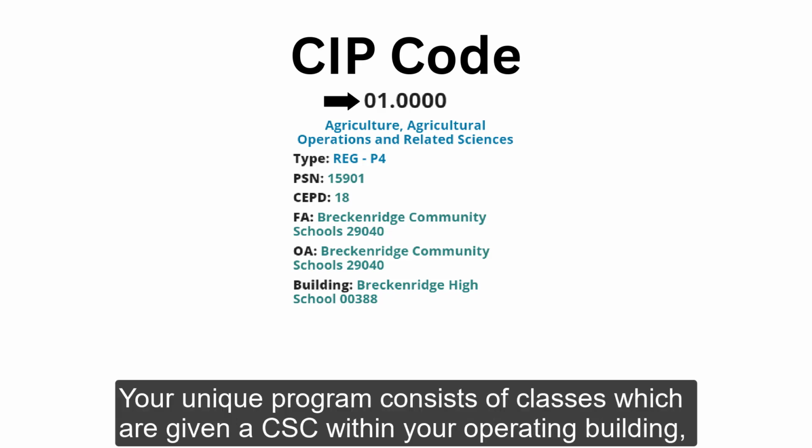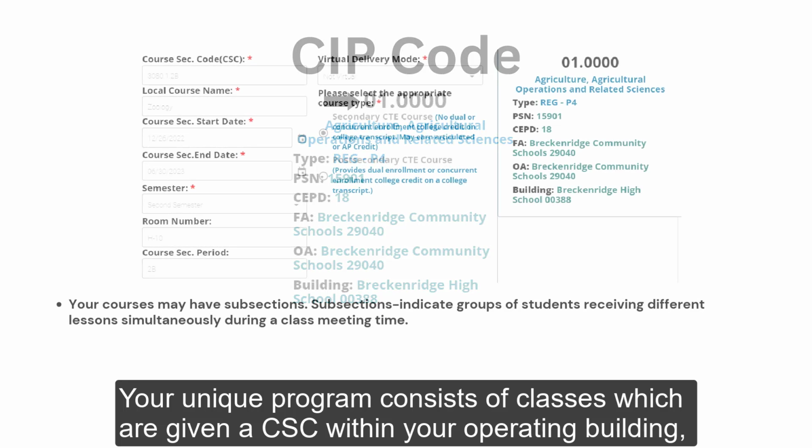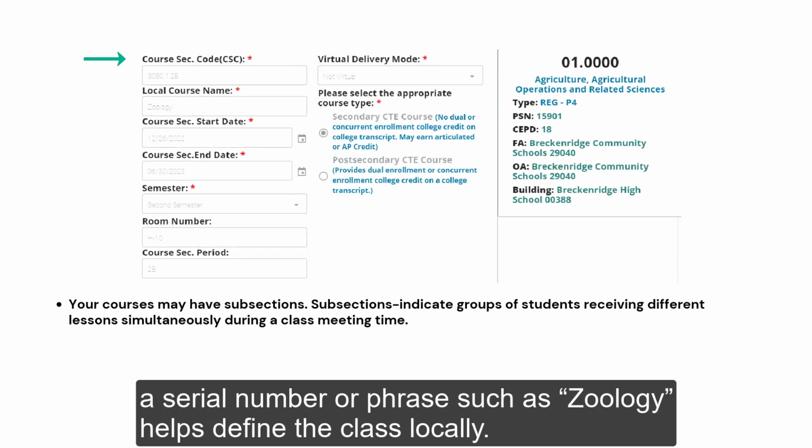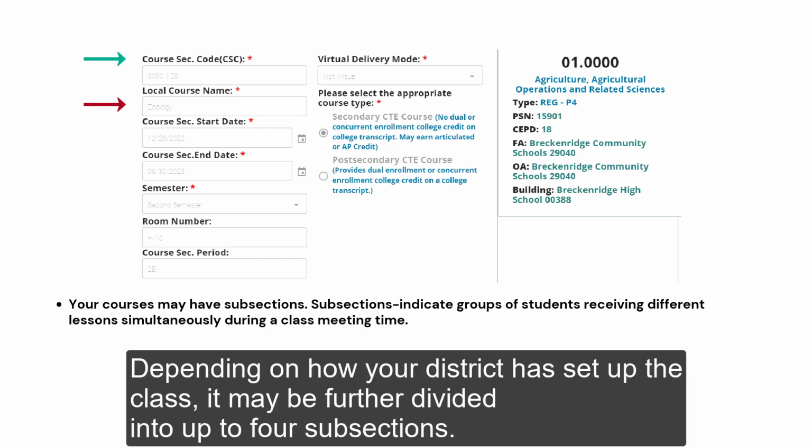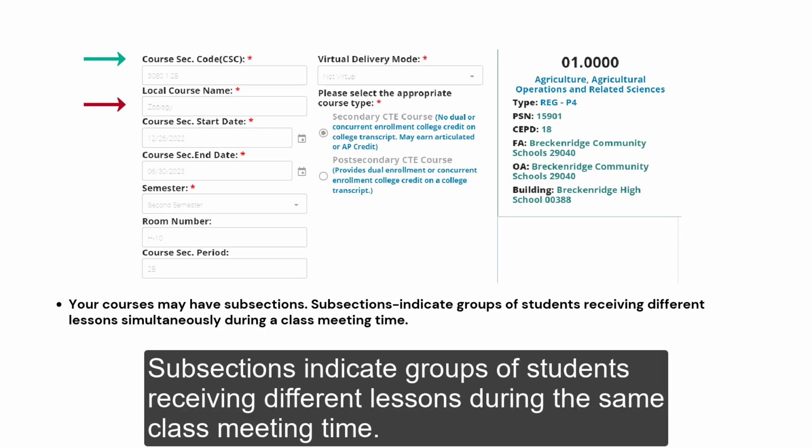Your unique program consists of classes which are given a CSC within your operating building. A serial number or phrase, such as zoology, helps define the class locally. Depending on how your district has set up the class, it may be further divided into up to 4 subsections. Subsections indicate groups of students receiving different lessons during the same class meeting time.